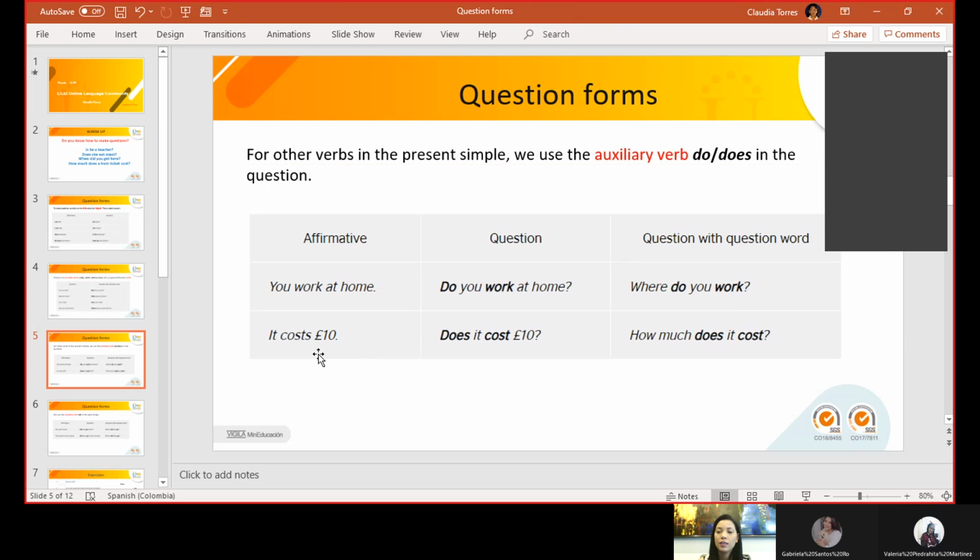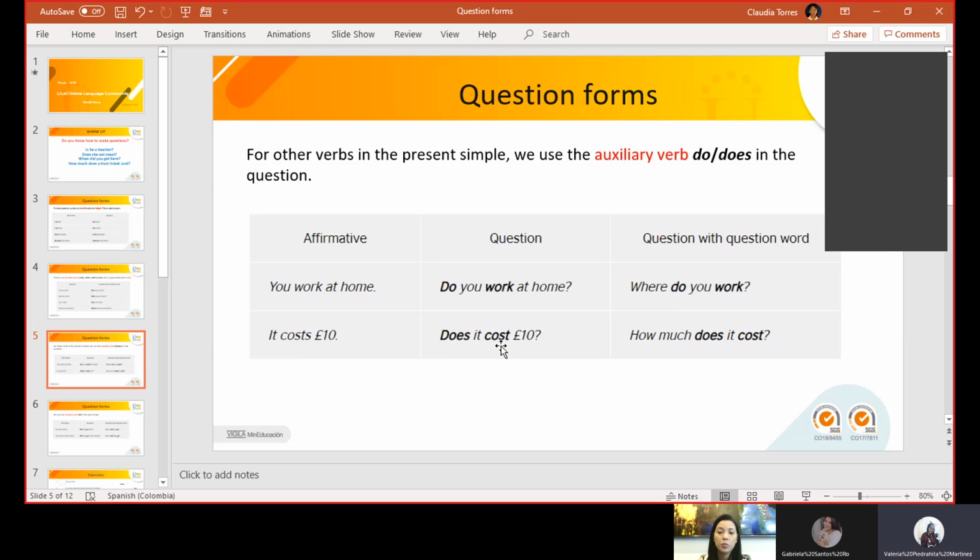Okay, but let's look at the next one. In the next one, the pronoun is it. So when you have the pronoun it in the present simple, you change the verb, right? For he, she, and it. So it costs 10 pounds. Does it cost 10 pounds? So here, when you have the auxiliary does, you don't change the verb.